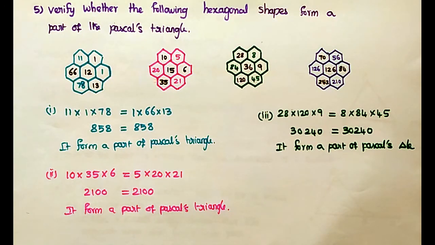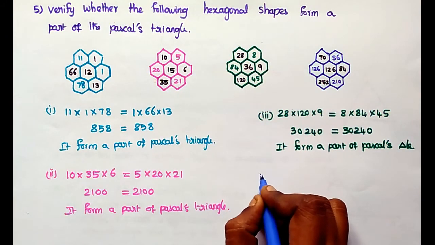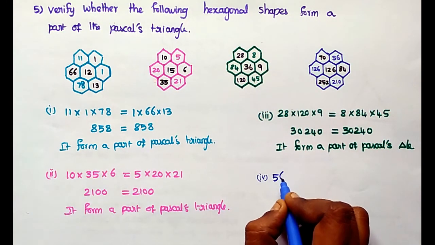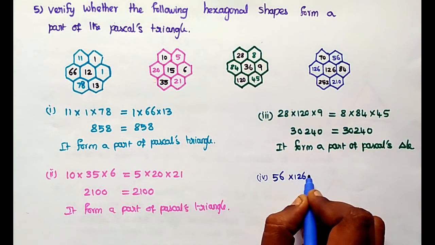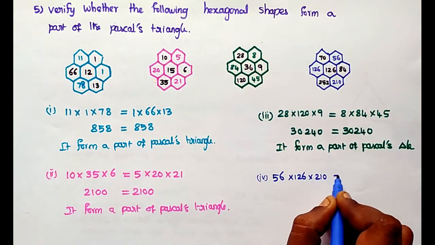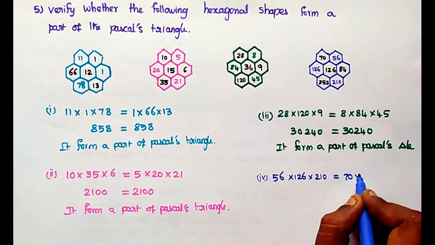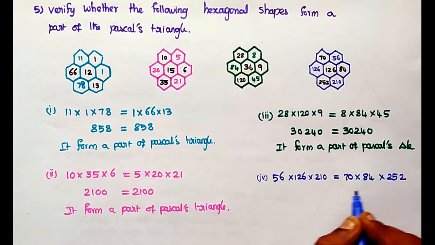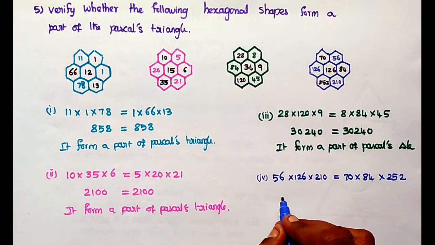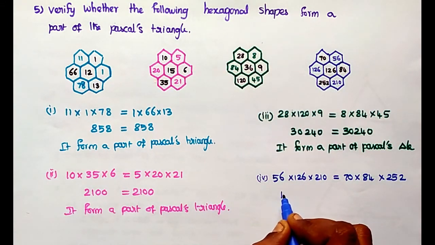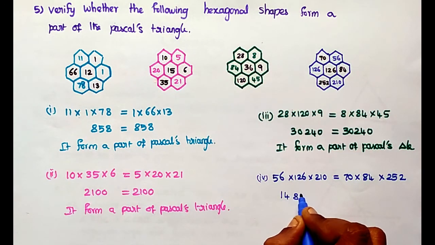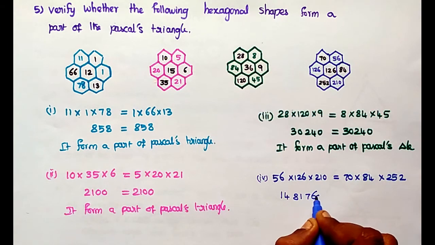Next one, 56 into 126 into 210 equal to 70 into 84 into 252. Multiplying this, we get 14,81,760.